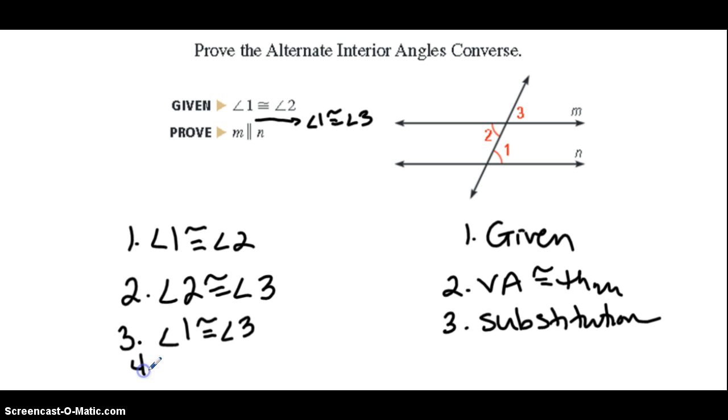And therefore, our last line, M is parallel to N, and this is by the corresponding angle converse. Okay? It's very important that you write that word converse because it's not just the postulate. The postulate tells us the angles are congruent. The converse tells us that the lines are parallel.